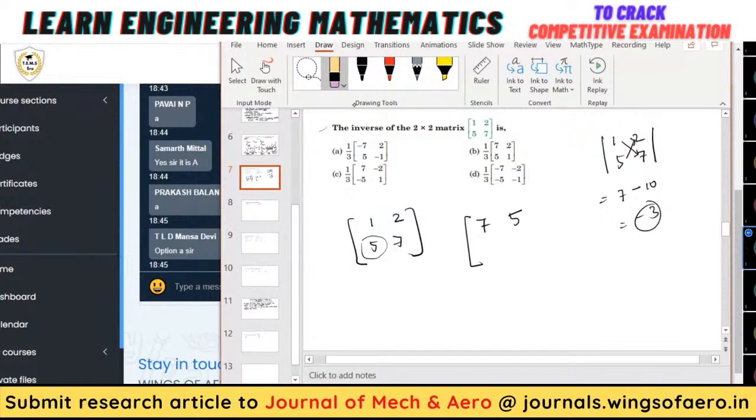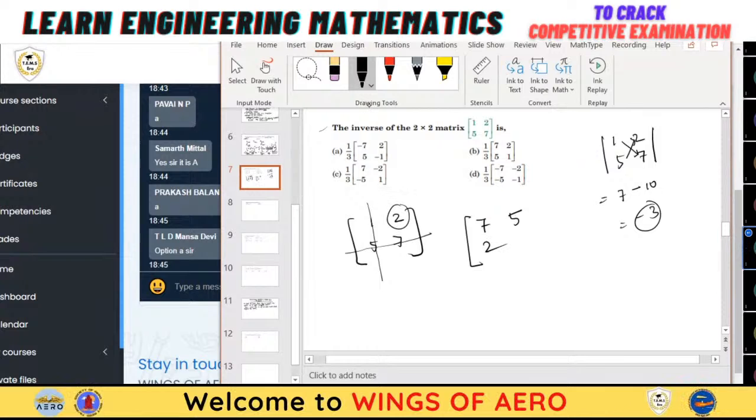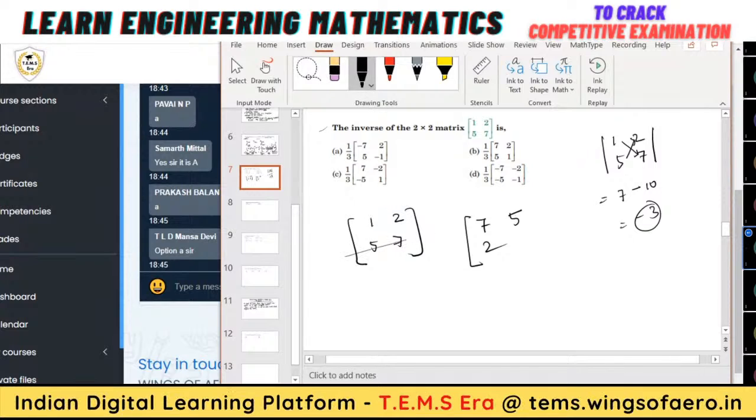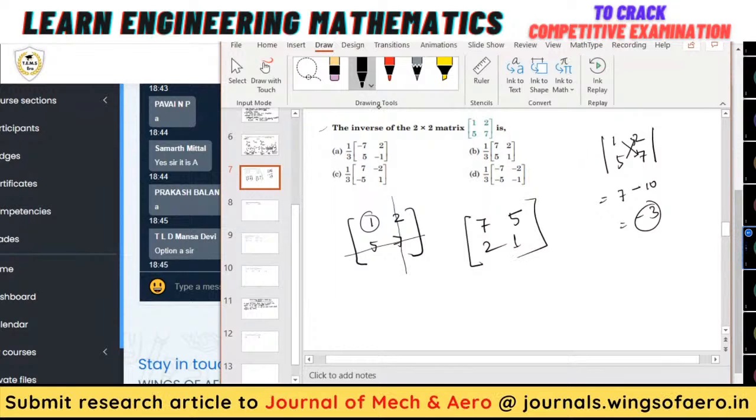Third, second row, first column will be deleted. What is remaining? 2. Write down here 2. Next, second row, second column will be deleted, and what is left? 1. Write here 1. After finding this, it is called the cofactor matrix.